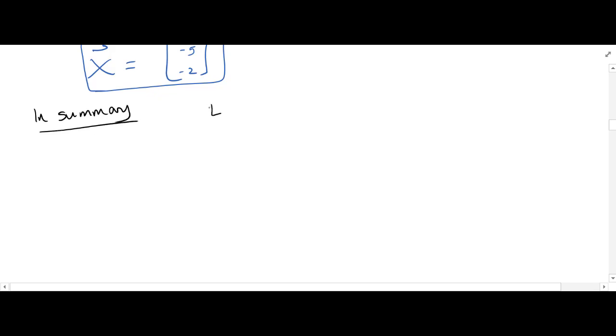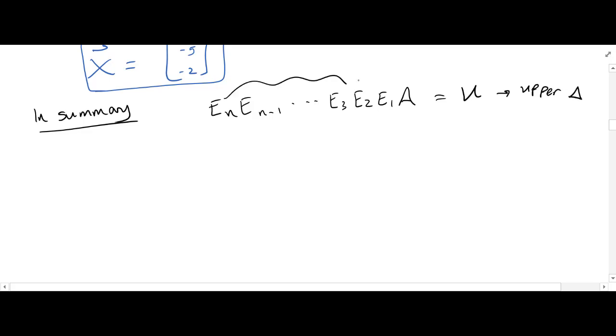So in summary, the way you go about the process is you reduce the matrix A using some elementary matrices on the left into an upper triangular matrix.